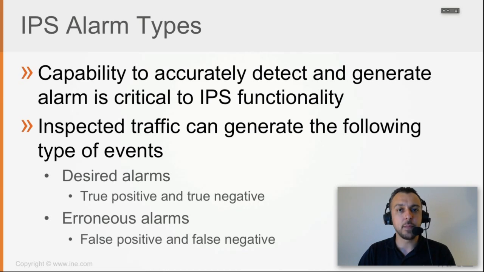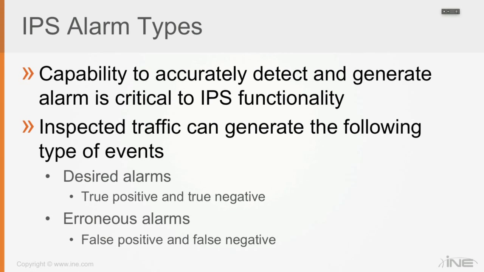We're going to define what those four types of alarms mean and when they happen, and then I'm going to explain an easy way, not to remember them, but to understand them, because as long as you understand what each type of alarm is, the name of the alarm tells you exactly what it does. Again, we want the true positive and true negative, and we don't want the false positive and false negative.